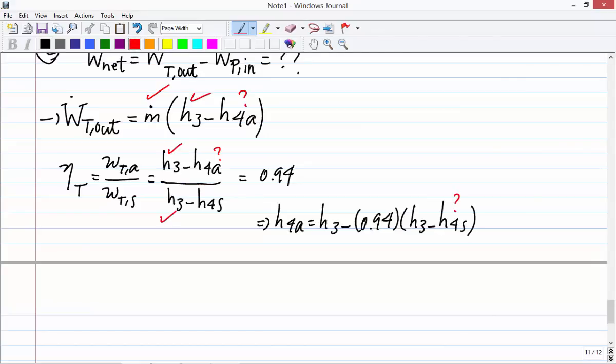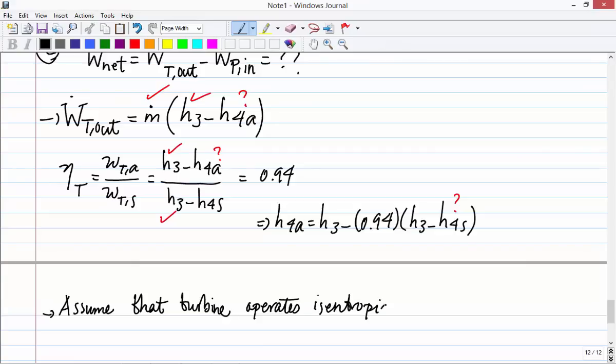I need to assume what the enthalpy at point 4 would be as if the process 3 to 4 was isentropic. So if we check our equations up there, we need to first assume that the turbine operates isentropically.